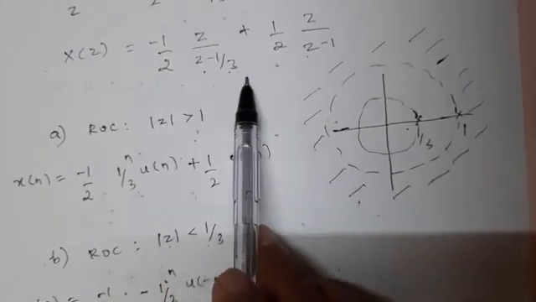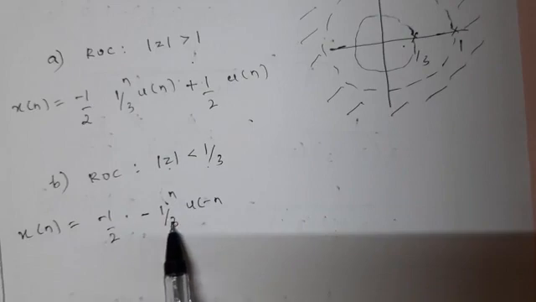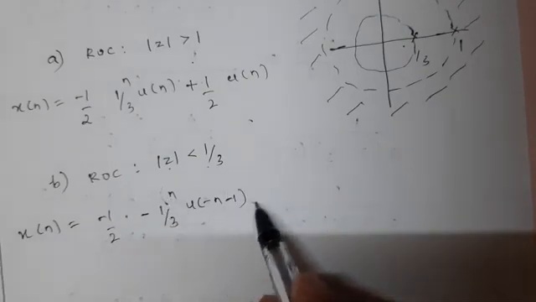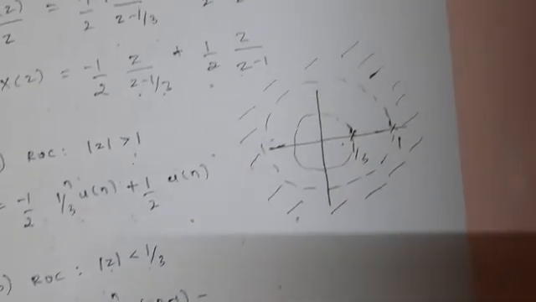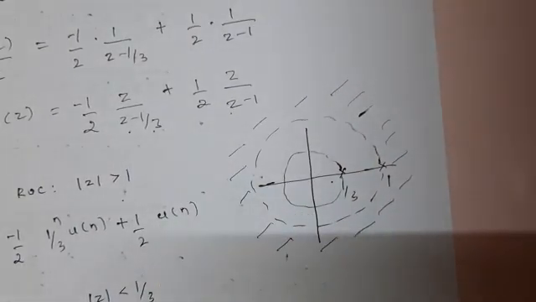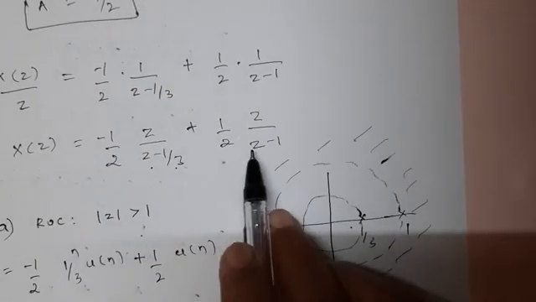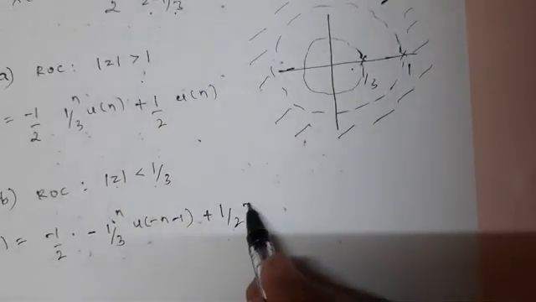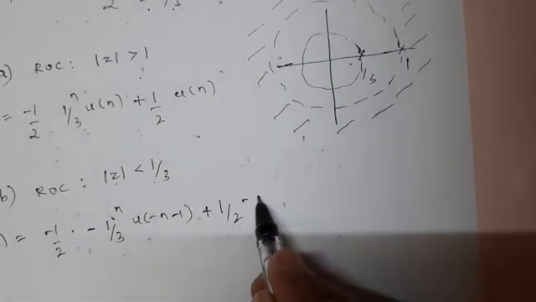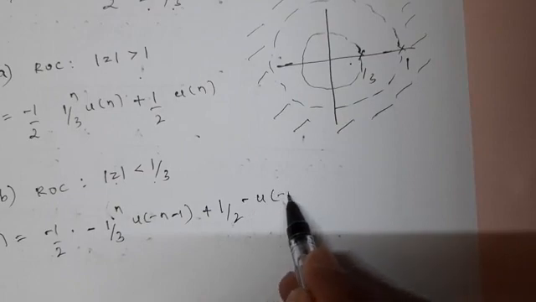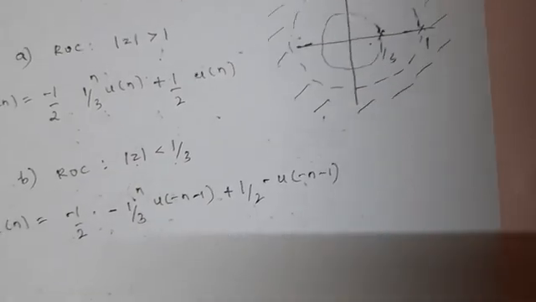Similarly, keep half as it is, and z divided by z minus b, minus 1 to the power n is 1 and u of minus n minus 1.